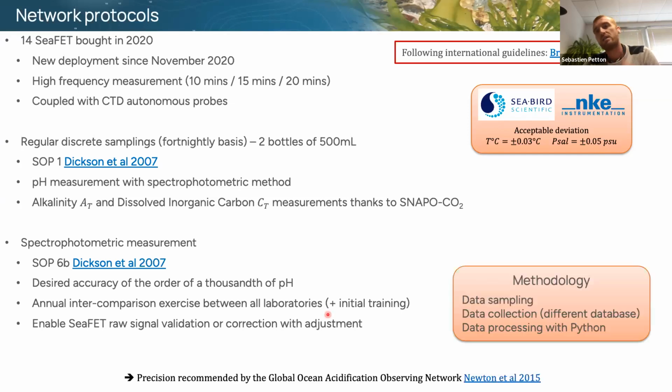So to conclude, the same methodology is applied to every site for sampling, for data collection, and for data processing with Python. And concerning uncertainties, we want to reach the weather objective for high frequency data and the climate objective for low frequency data.